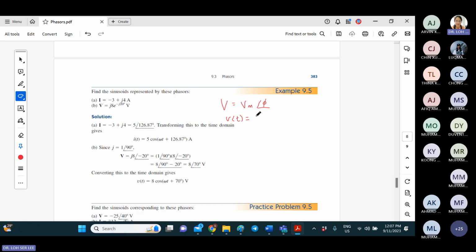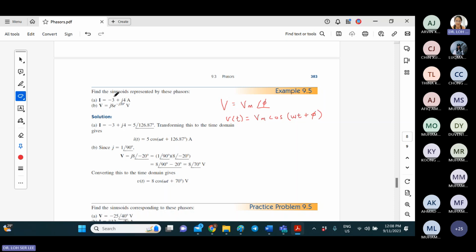We have VM, and then the cos function, cos of omega t plus this phi. From this, we change into this. So VM cos omega t plus phi.